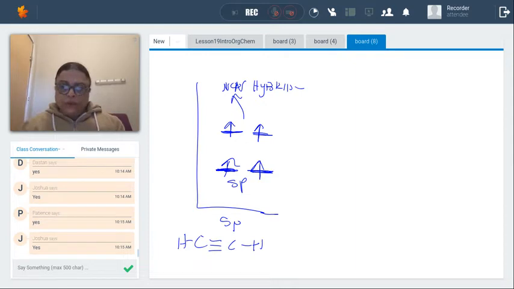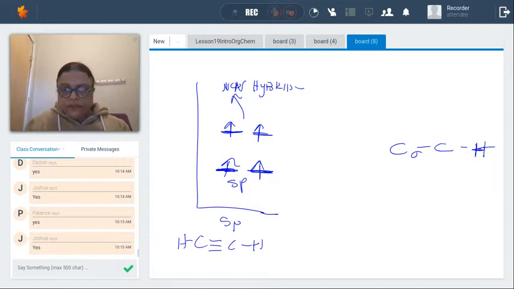Okay, so carbon, carbon, this is a sigma, and this is a sigma. Now let me write it in red so that you can see the different sigma bonds. Also the other carbon, same thing. This is also sigma.